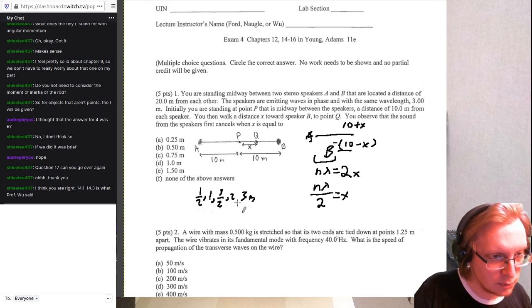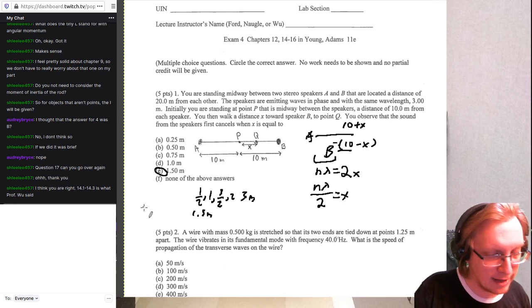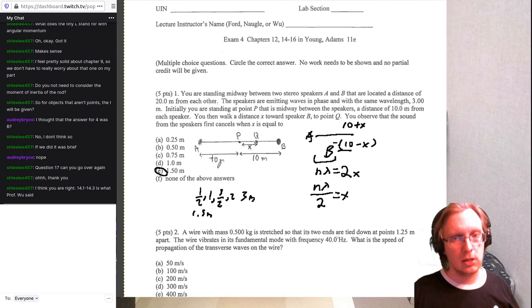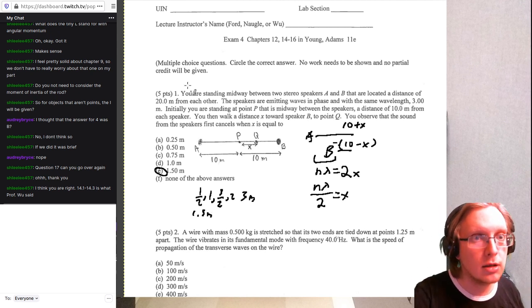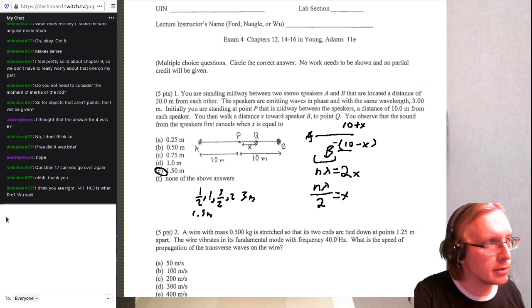Okay, so the first one we have 1.5 meters. Ta-da!